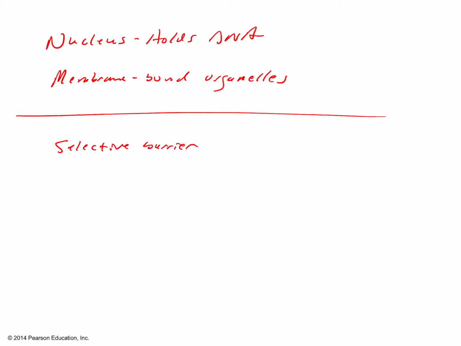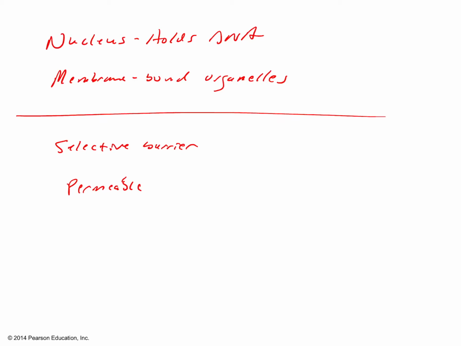So it's what we call selectively permeable. If I tell you something is permeable, that means that things can move across it. But a cell membrane being selectively permeable does not allow everything to move across it. So it's a filter, basically, all right?